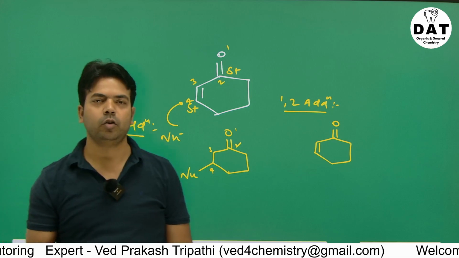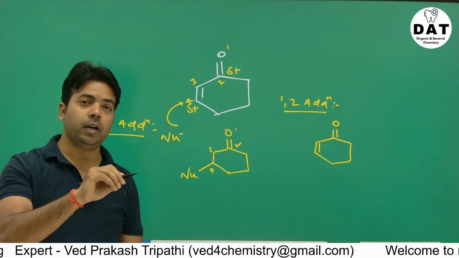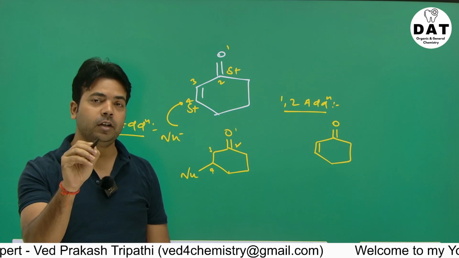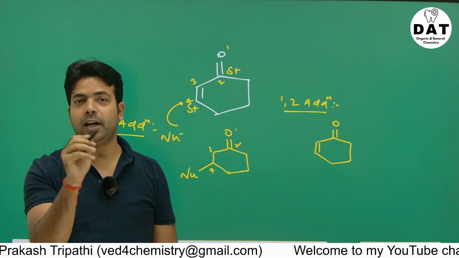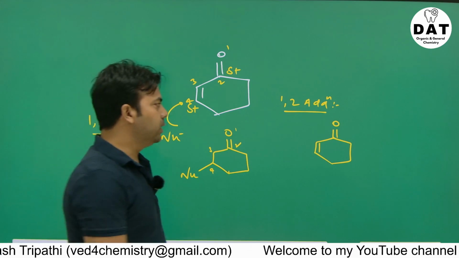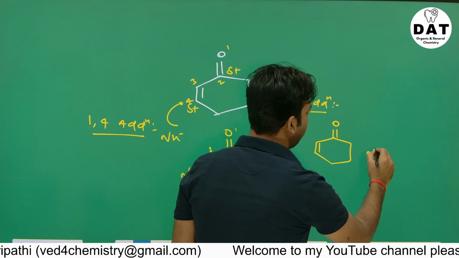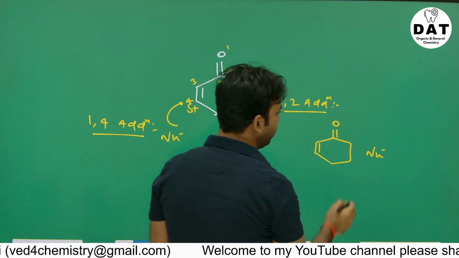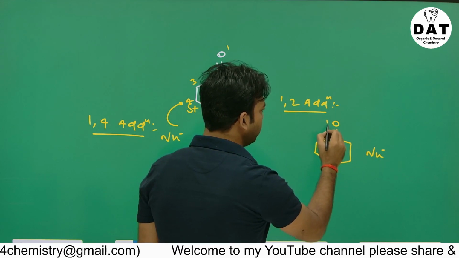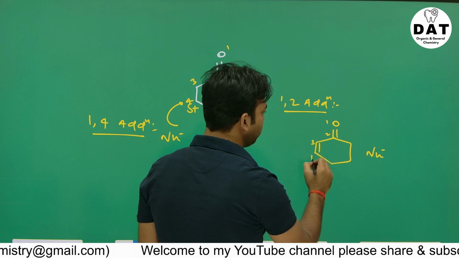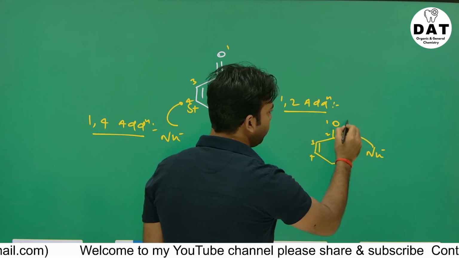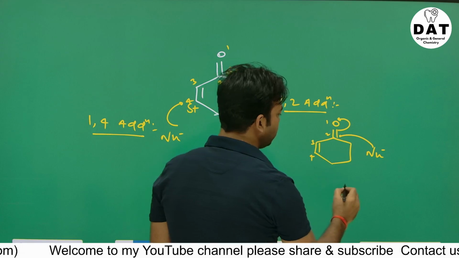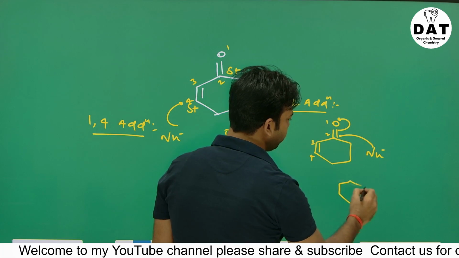You know that in nucleophilic addition, the nucleophile attacks on the carbonyl carbon, the C=O bond breaks, and O minus gets protonated and becomes alcohol. Like this. Suppose here you have a nucleophile. It is going to attack at the number 2 position. This is 2, this is 3, this is 4. So number 2 is this position, and then this bond is going to break. So it should be like this.